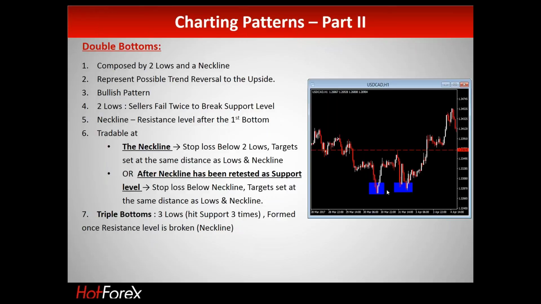So they go up again, hit a resistance level over here at 1.3367, and try again to push down. Sellers tried to push down and break the support level, but didn't manage because bulls entered the market and are pushing the price further up.